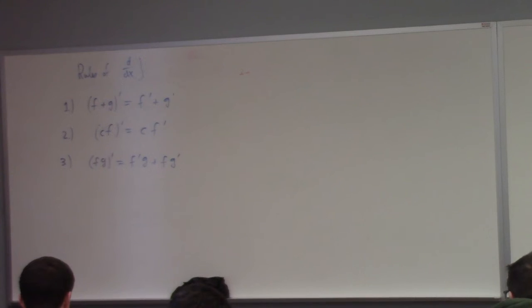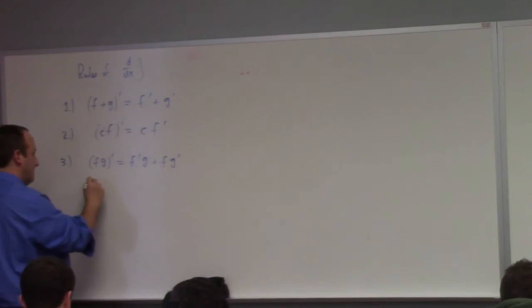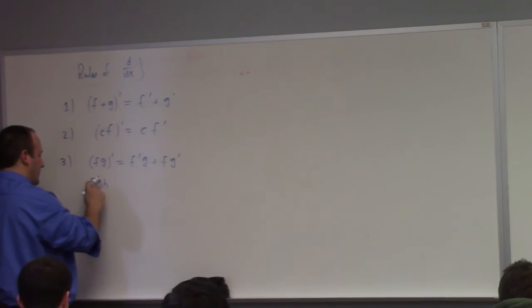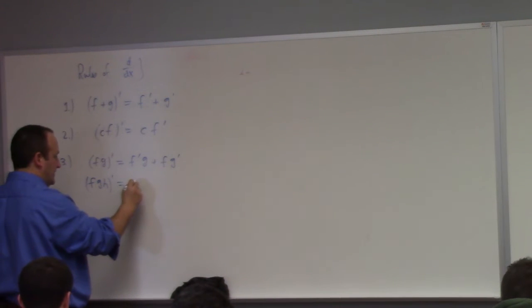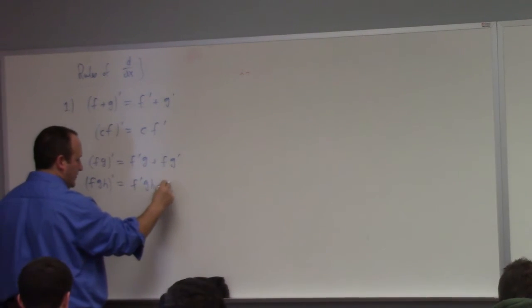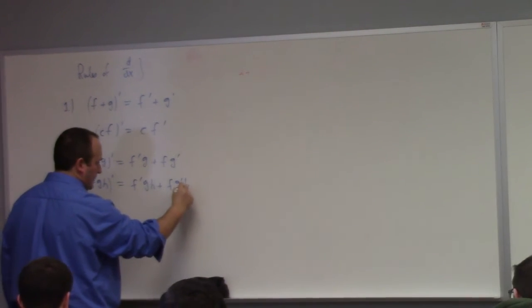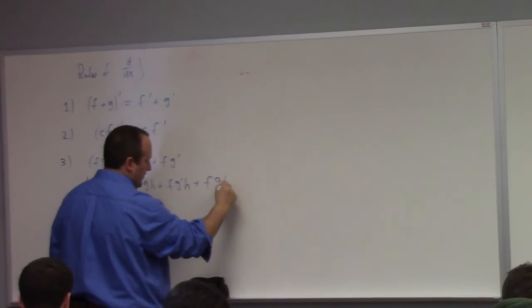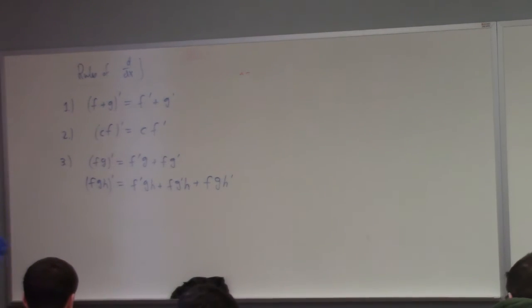What if you have a product of 3 things? How do you do that? You know the triple product rule? It's this, f prime g h plus f g prime h plus f g h prime. This goes on. There's a general product rule called Leibniz rule, but we don't need to get into that right now. There's lots that are known about derivatives.